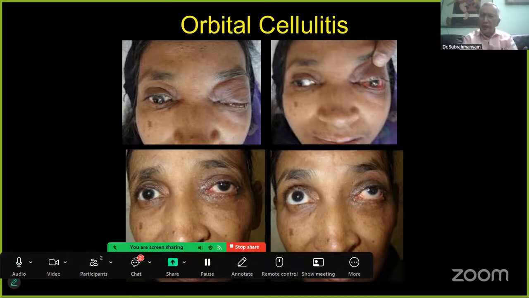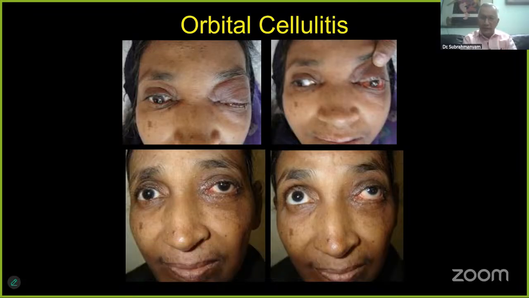If you make a diagnosis of orbital infection, orbital cellulitis, or preseptal cellulitis, please ask for a CT scan, whether the patient is young or elderly. The importance of CT scan is twofold. Number one, the CT scan tells us whether it is cellulitis or whether the patient has gone into an orbital abscess.